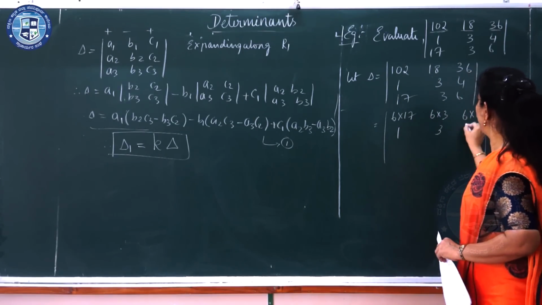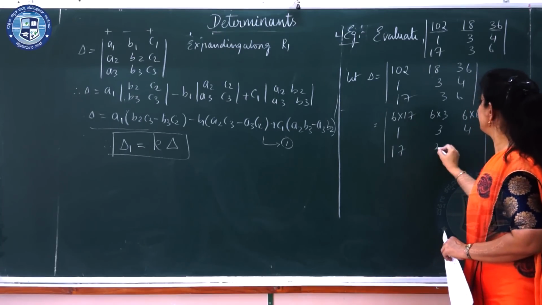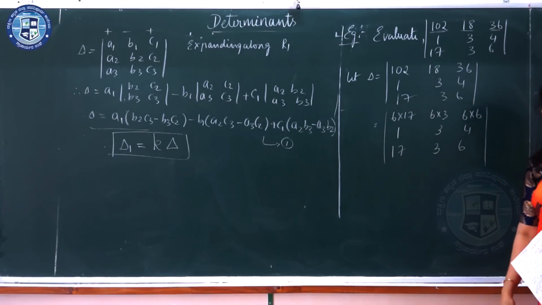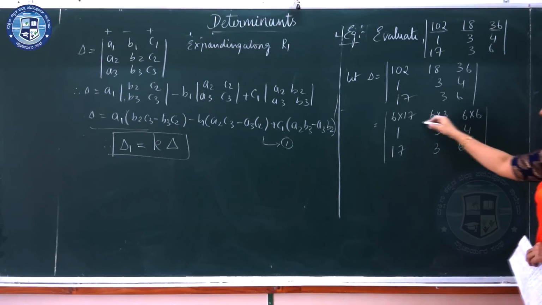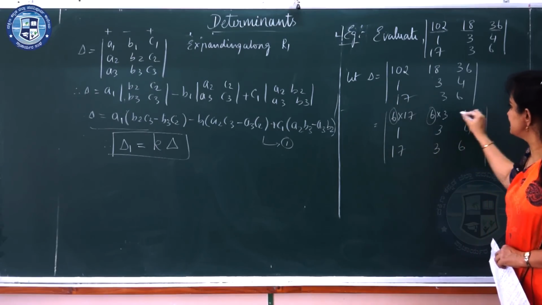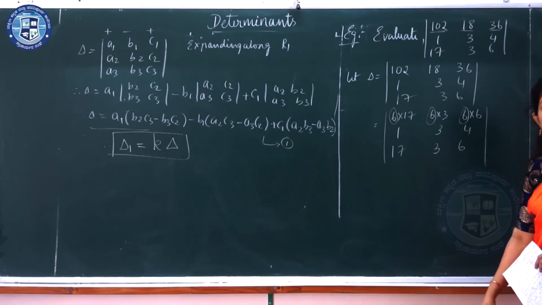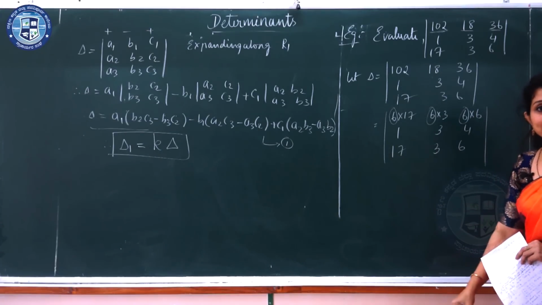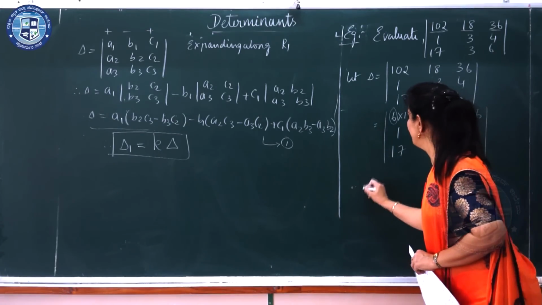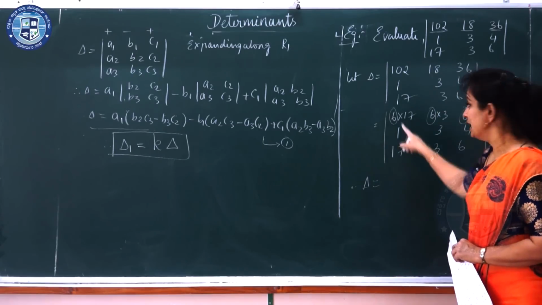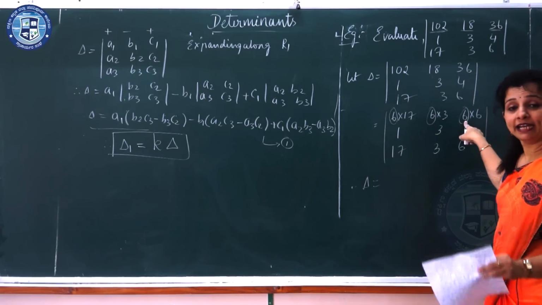The other rows are 1, 3, 4 and 17, 3, 6. Now look at this. First row elements are multiplied by 6. 6 is a constant which is multiplied to each element of the first row. According to our previous property, what can we write this as? Therefore, delta is equal to, take out this common term, 6 times delta.